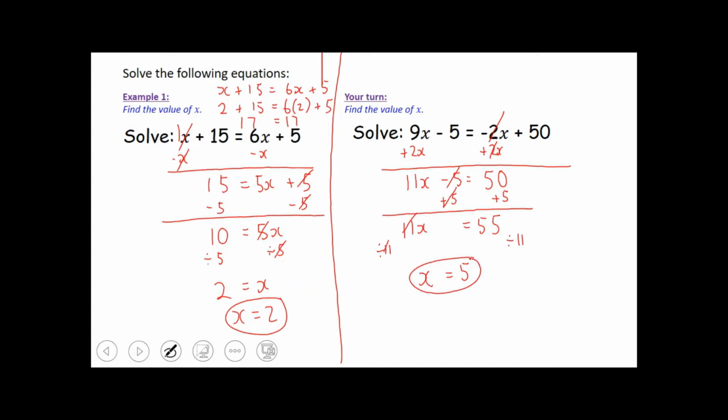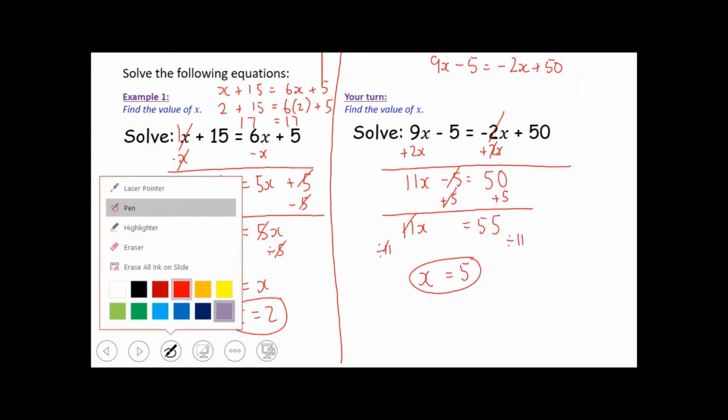Like I said previously, let's just substitute it back into the equation. So if I write the equation out again, it says here 9x minus 5 equals minus 2x plus 50. And we can just substitute all our answers back in here.